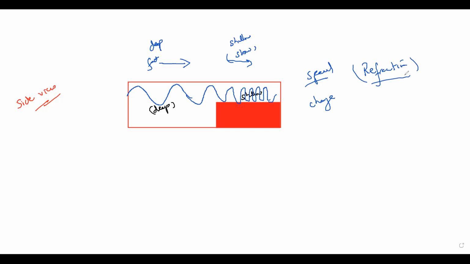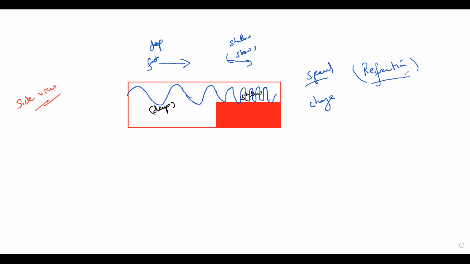For example, if you are standing at a seashore, observing two waves which are far away from you in a deep region, they have a greater distance between them. But as they approach the seashore, you will find the distance between the two waves decreases, or the waves become slower.